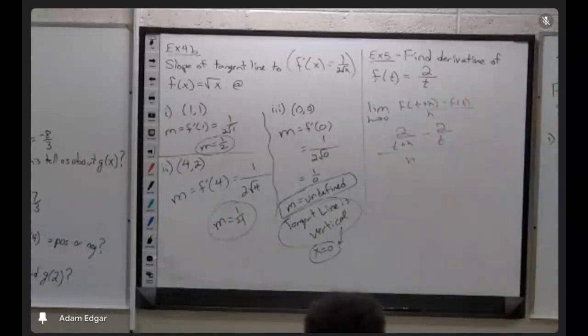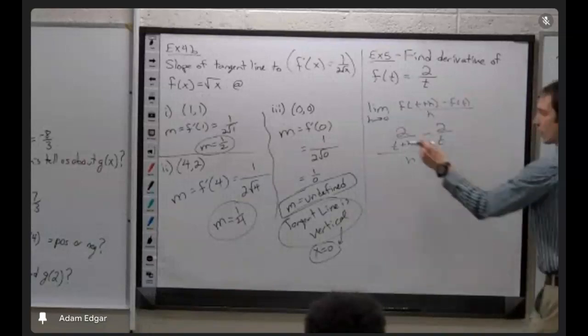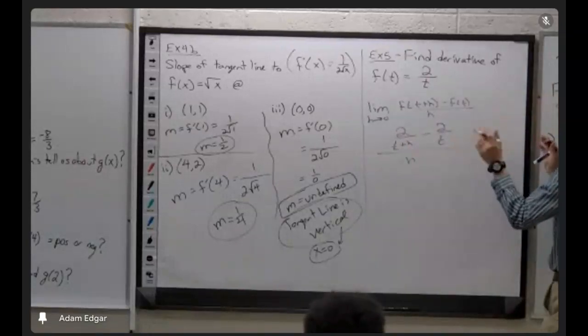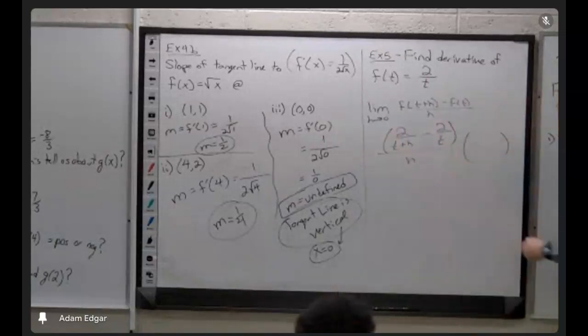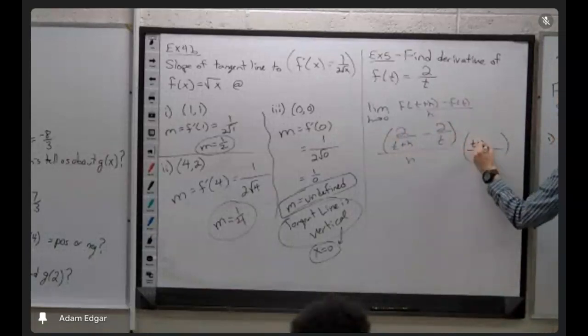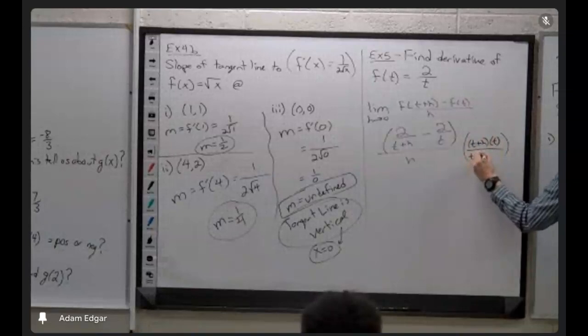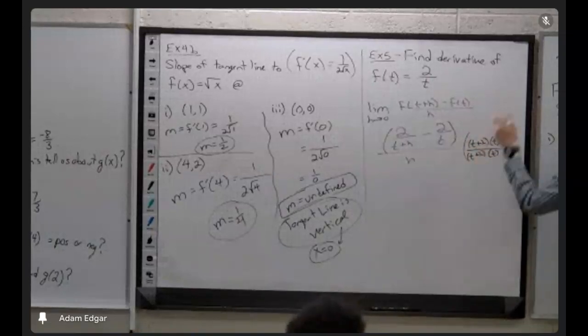Once you've got that, now you're killing this whole fractions-within-fractions business. So we need to kill off these two little denominators. We use them to multiply the top and the bottom of the whole fraction. So we multiply by t plus h and t on top and bottom. So we're really just multiplying by 1.